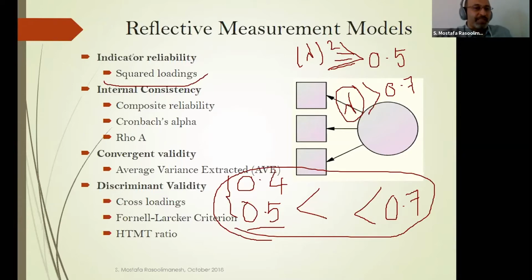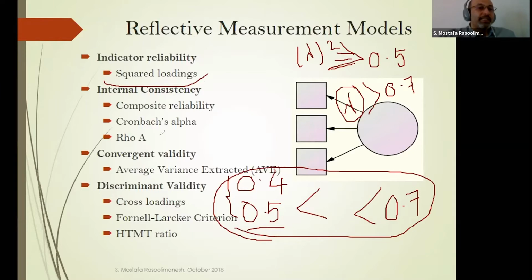So for the first step, we have to check loading, and loading should be higher than 0.7. If the loading is between these two values, we need to wait and check other criteria. But lower than 0.4 should be deleted. Right? Okay. So this is the first step for assessment of the measurement model of a reflective construct.